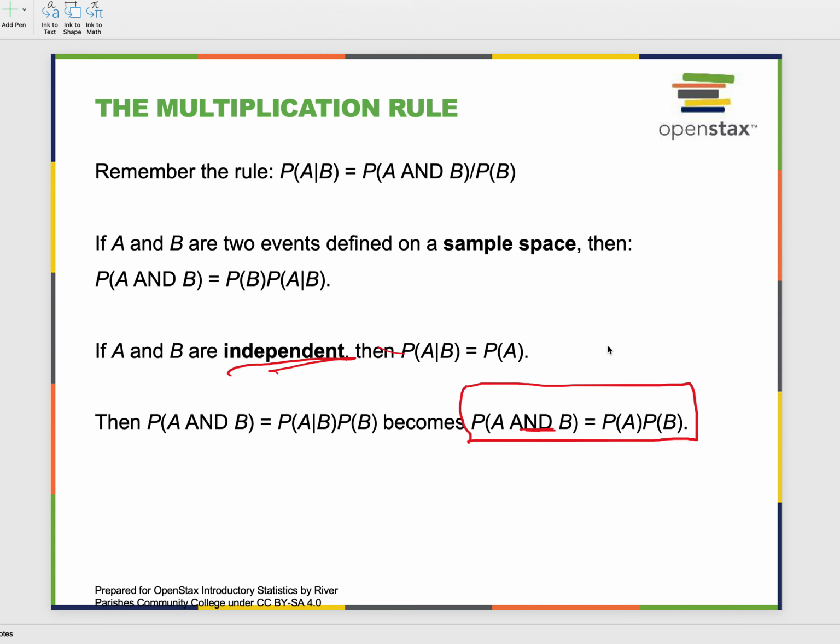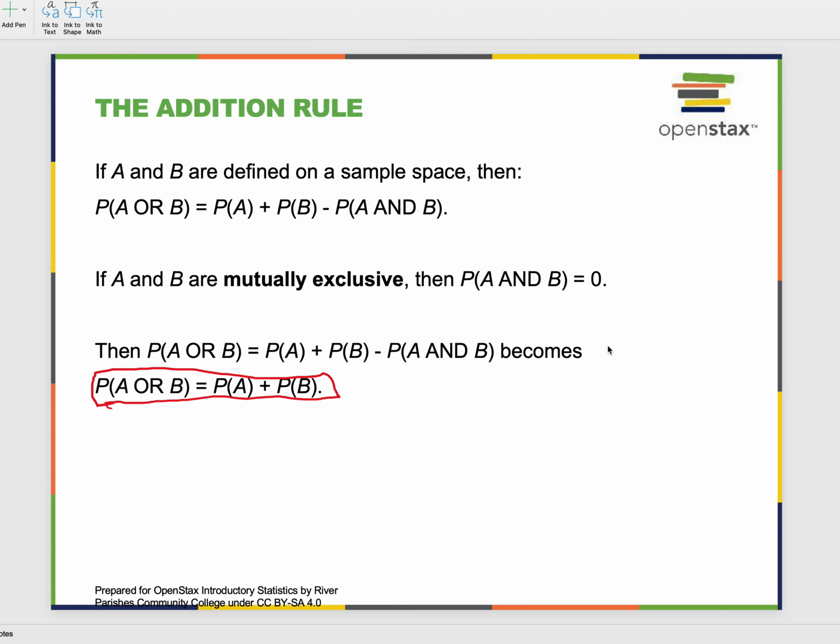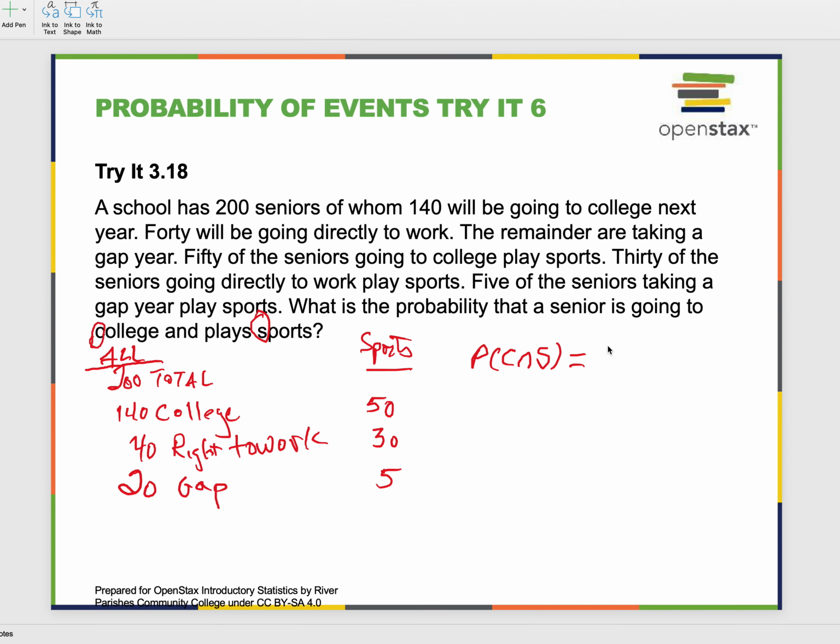But what's the probability of A given B? So let's look at this. This is the probability of someone's a senior times the probability that someone plays sports given they're a senior. That's one way of looking at it.